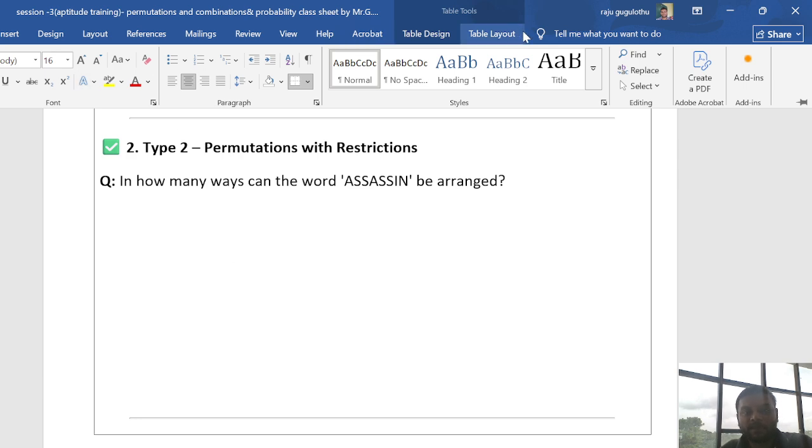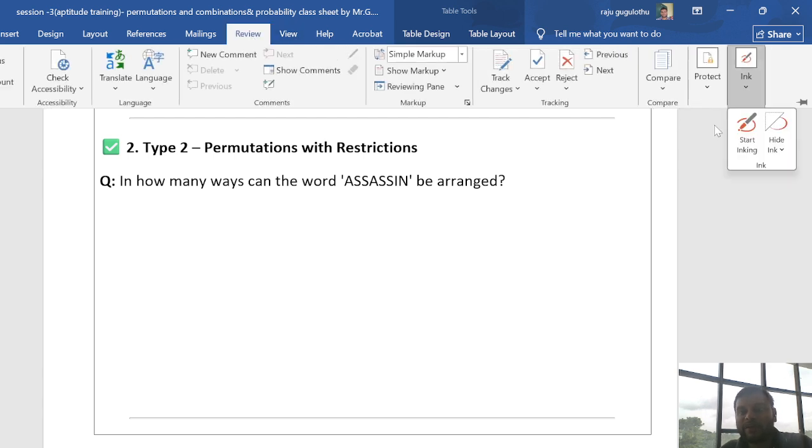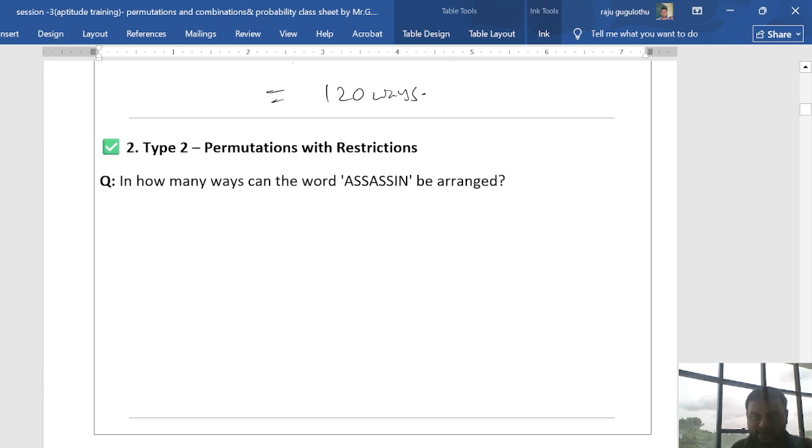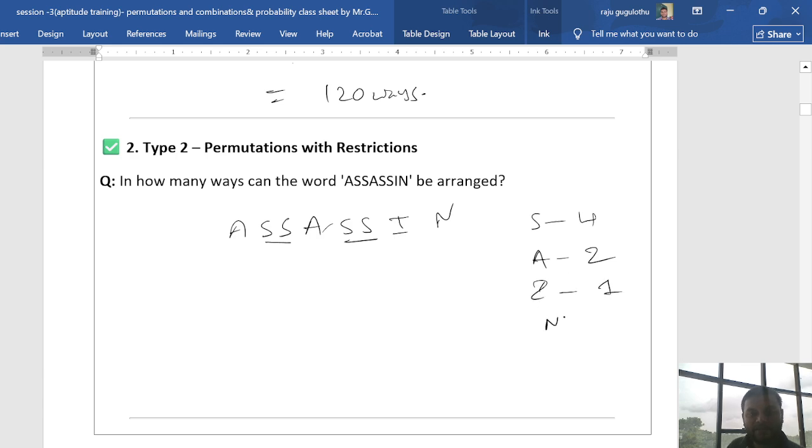Okay, guys, as we did in the class problem, here we have to eliminate the repeated terms. So the rearrangement of the word assassin will be A S S A S S I N. In this word assassin, S is repeated four times, A is repeated two times. Then no more repetition. I is repeated one time and N is repeated one time.